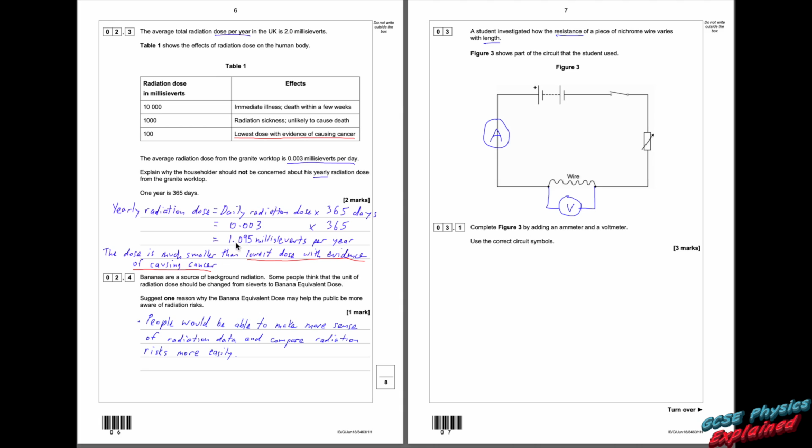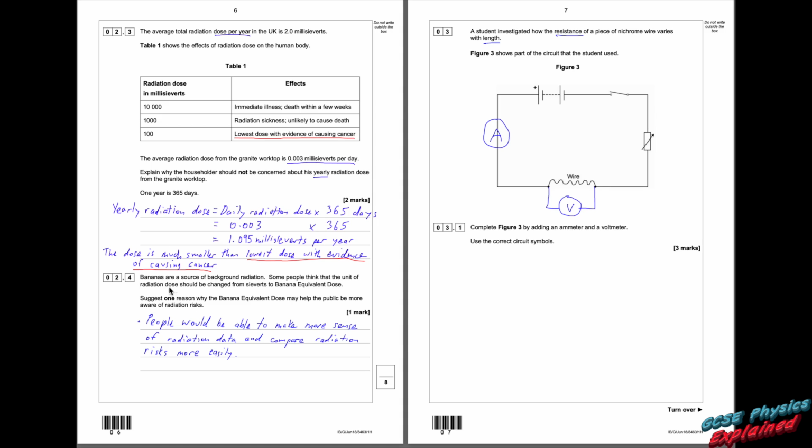So that is the number of millisieverts per year that the person will receive. Now, why is that nothing to be concerned about? Well, the dose is much smaller than the lowest dose with evidence of causing cancer. Now, you'll notice that I've used the exact same words that they used, and that's a good exam tip.